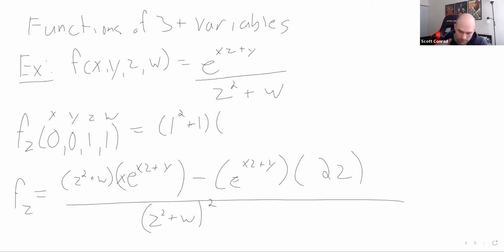So that's z squared plus w times 0, because it's x times e to the xz plus y. x is 0, so that's all 0. The minus e to the xz plus y. So e to the 0 plus 0. Times 2 times z, which is 2. 2 times 1.